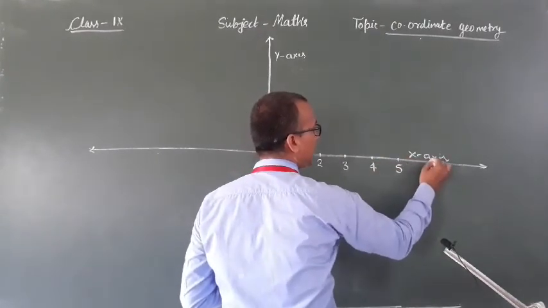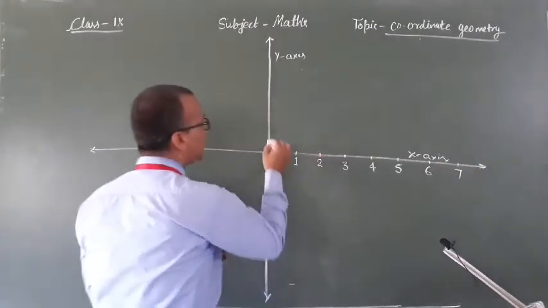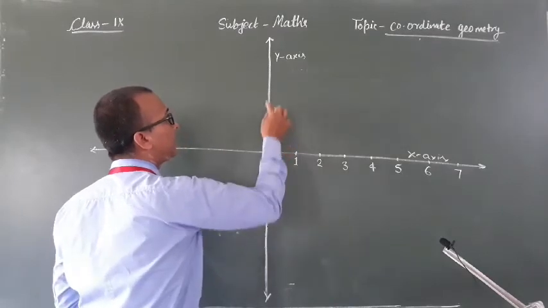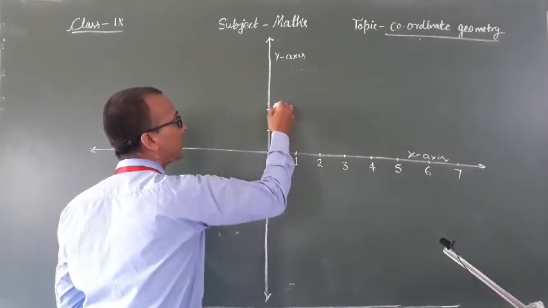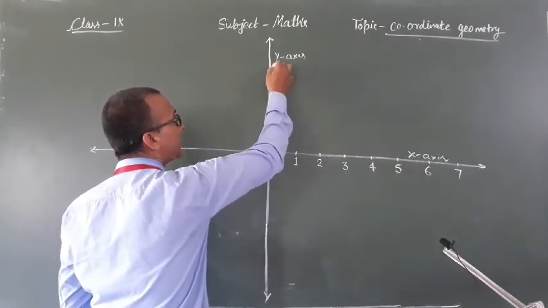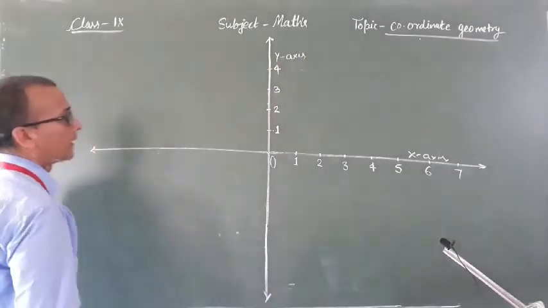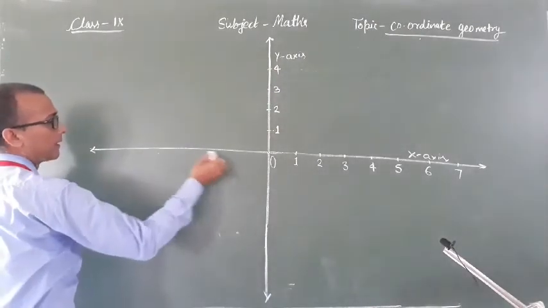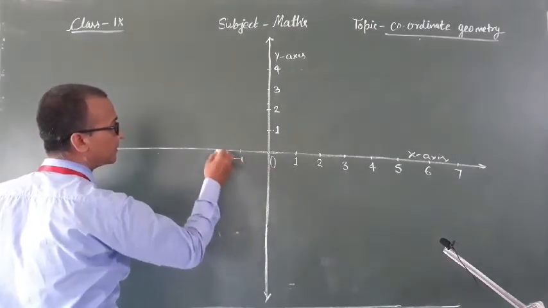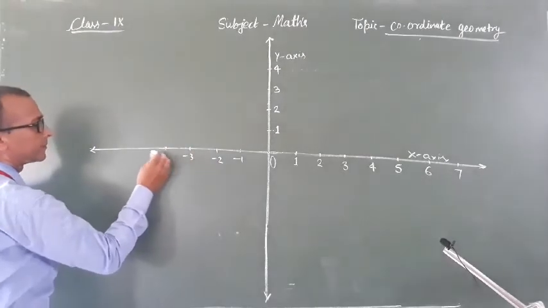Similarly, it is the positive direction, and this one is the positive direction on the y-axis. It is in the upward direction. It is the second number line which we have put on this abscissa. This one is the negative direction.